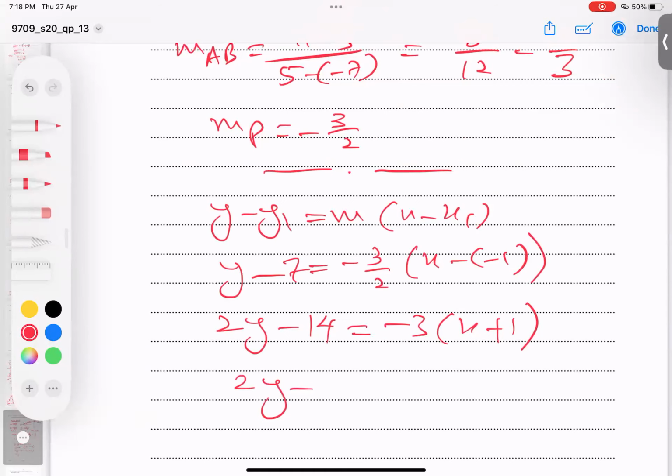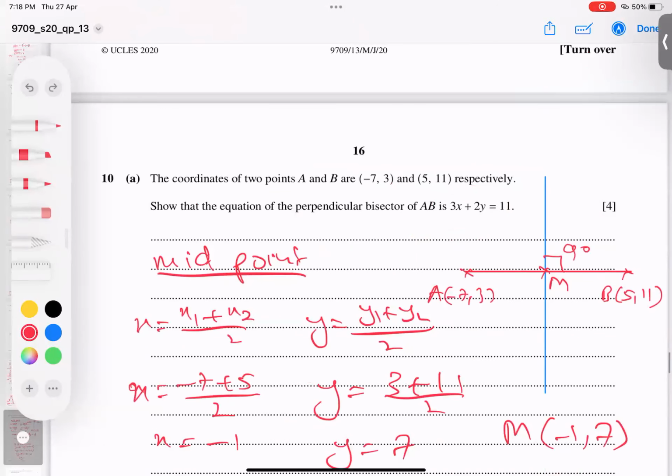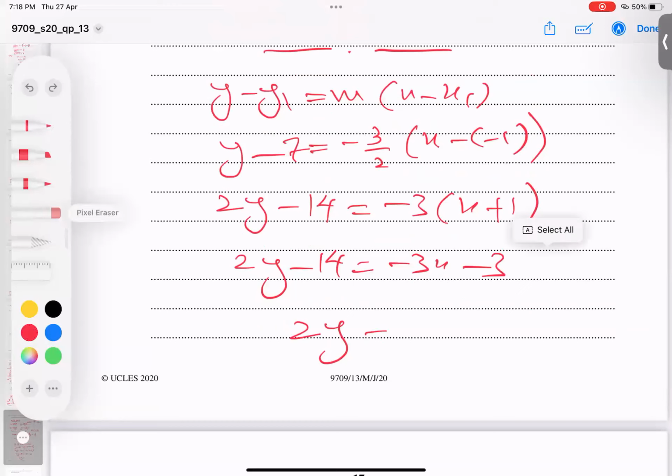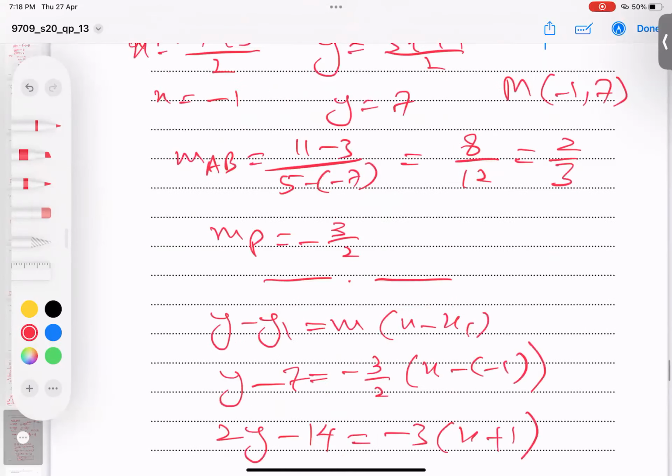So 2y minus 14 equals -3x plus -3. And finally I got 2y equals, what is the target to prove? Okay, so this should go there. So 3x goes to the left side, 14 goes there, I got 11. So, Alhamdulillah, yes, proved.